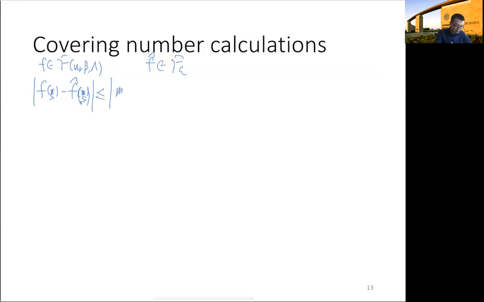So this is smaller than max over a of W, and I'm just writing the definition. Let's say the parameters of f tilde are W hat, beta hat, lambda hat.